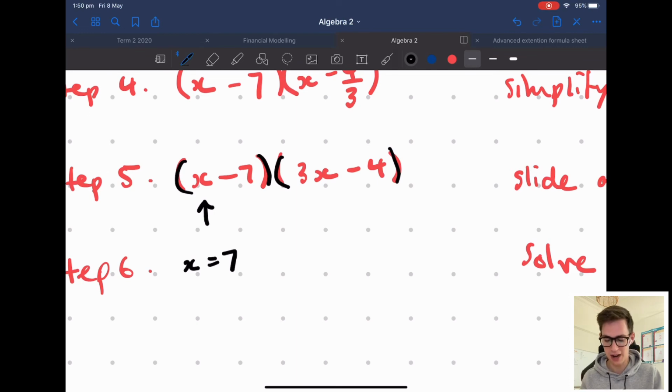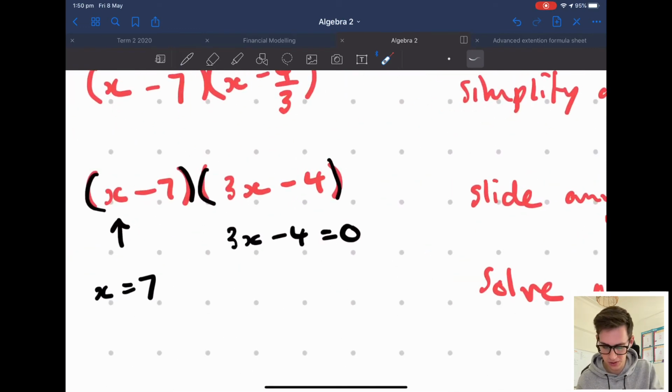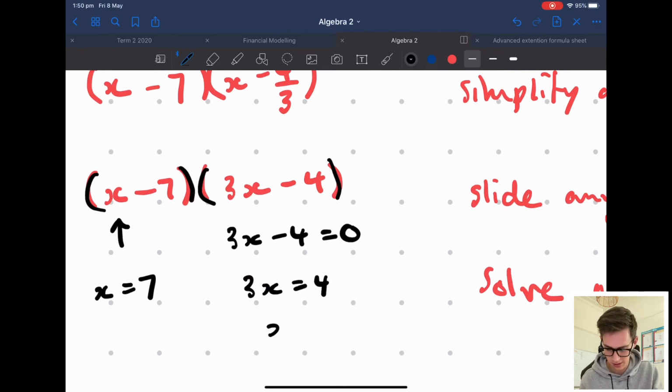And for this set of brackets here, you're saying, okay, so 3x minus 4, how do I make that equal to 0? And you've got a little equation to solve. You could just kind of guess it if you want to, but we're going to have to plus that 4 across, and then divide by this 3. Oh, sorry, so 4 over 3.